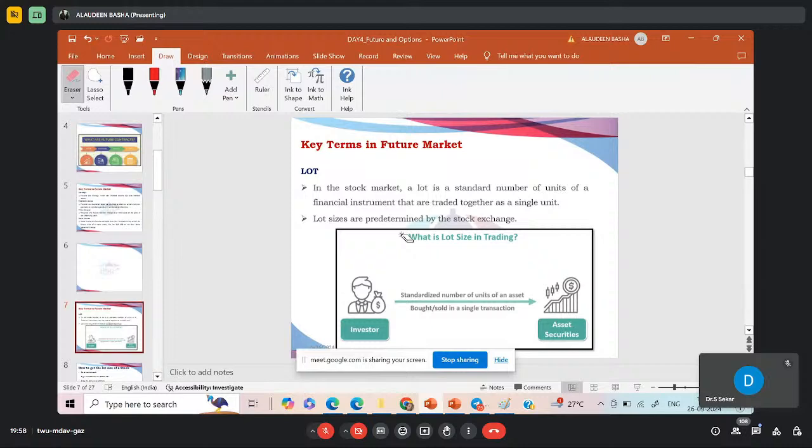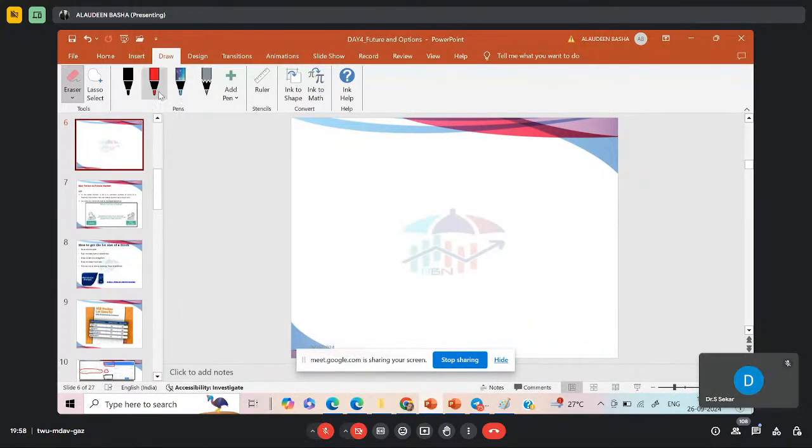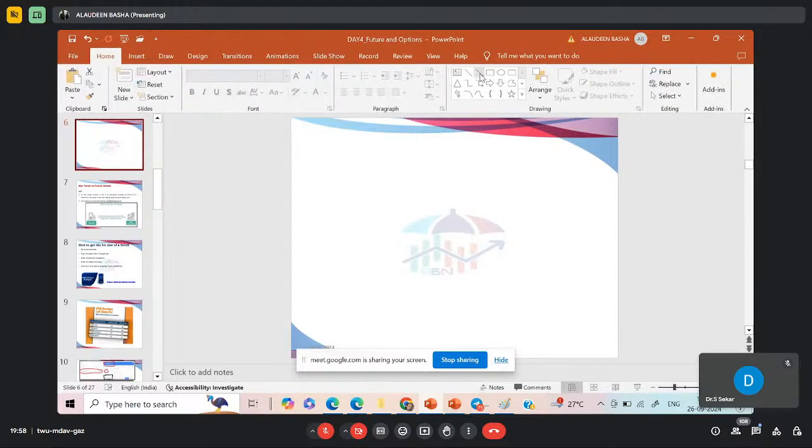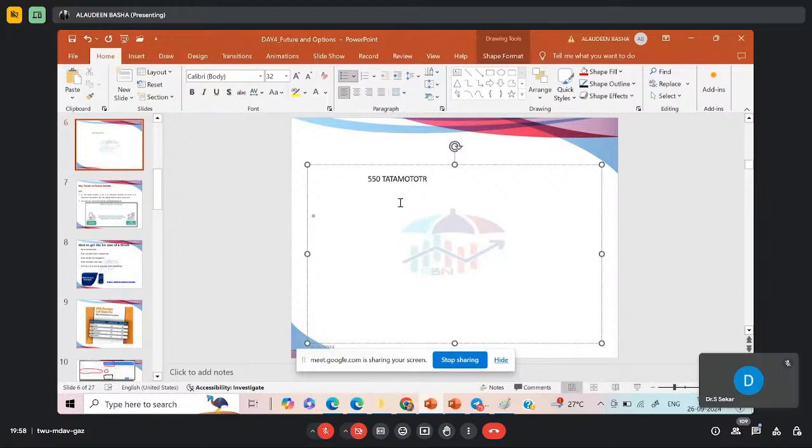For example, if I'm going to buy the stock of Tata Motors, they have already defined the Tata Motors lot size as 550. Tata Motors lot size is 550. Who decides? It is decided by the exchange based on market capitalization, volatility, liquidity, and some other criteria.